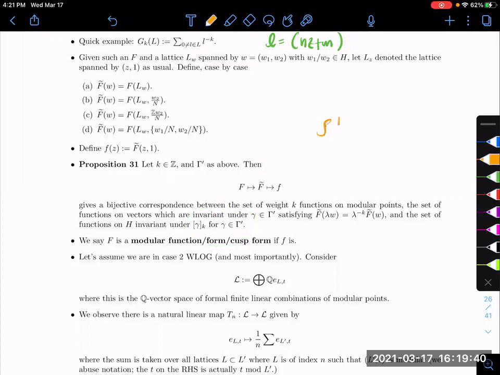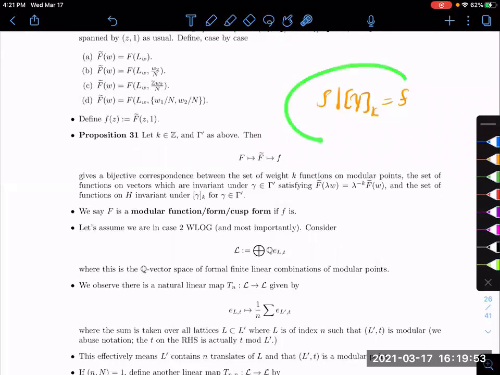It means when you do f bracket gamma sub k, you just get f. And remember, what is this bracket gamma? It's just cz plus d to the negative k times f. Okay, so this is the condition that shows up in all the definitions of modular forms for the full group SL2Z and for all the special congruence subgroups.